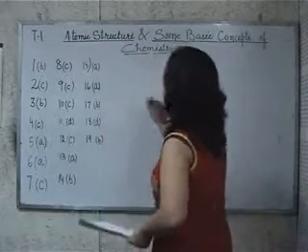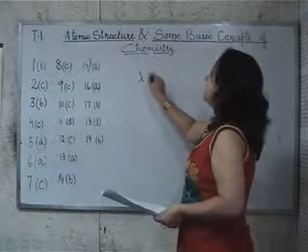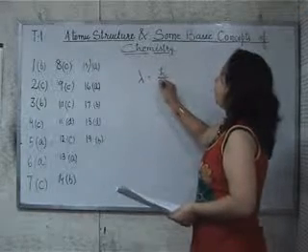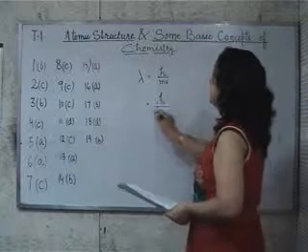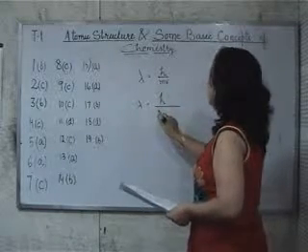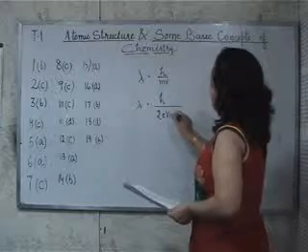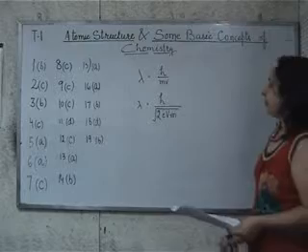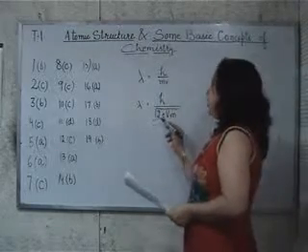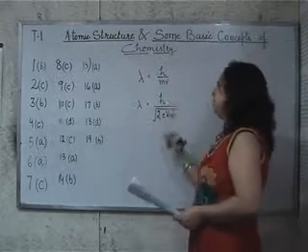How is it the answer? De Broglie's wavelength lambda is equal to h upon mv, and this formula is also written as lambda equal to h upon root of 2 eVm.